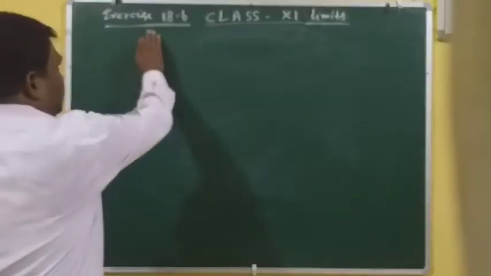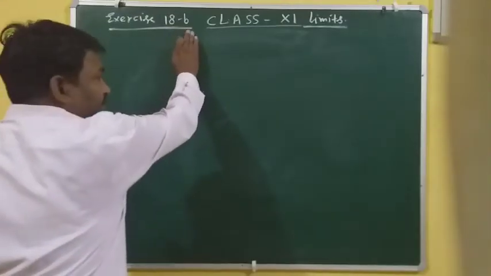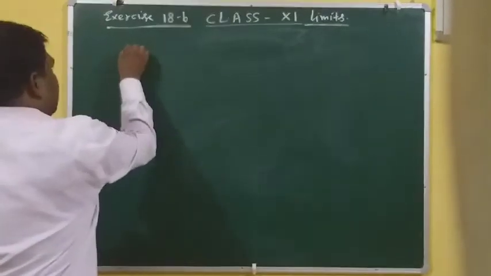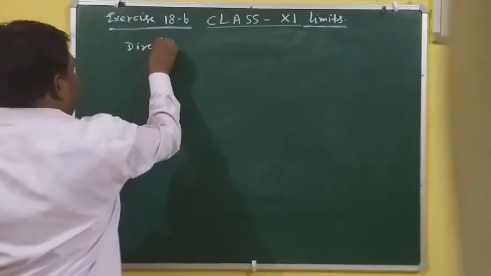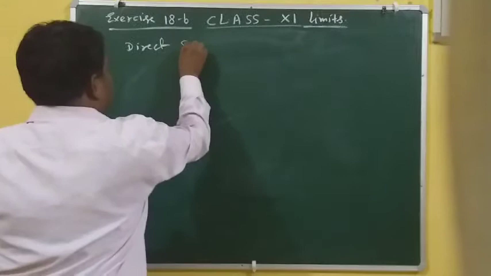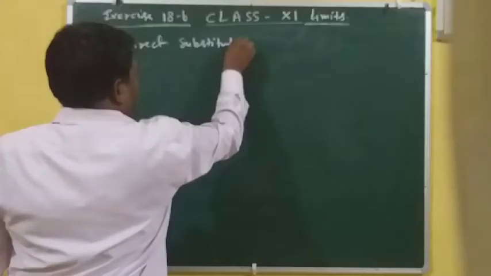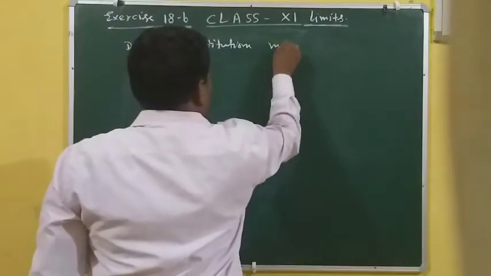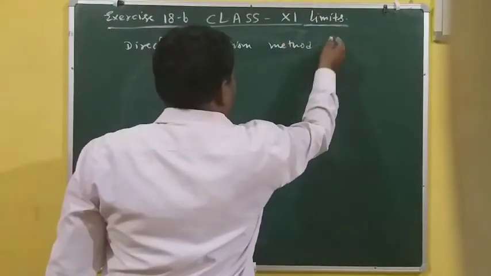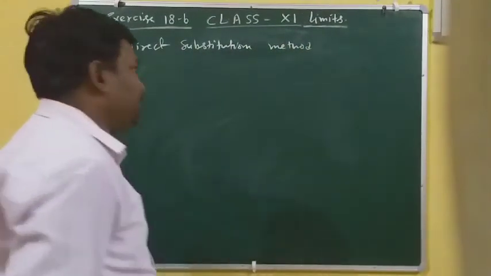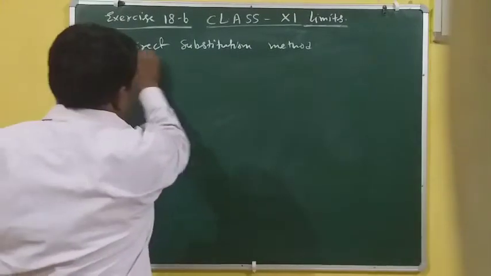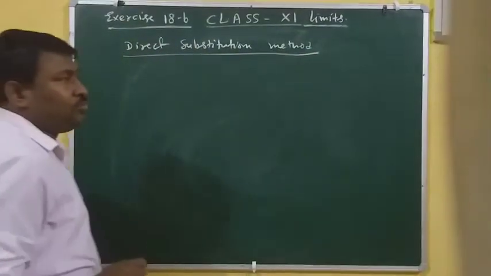So in this second exercise, 18b, the method is the direct substitution method to calculate limit. So in this method, what do you have to do?